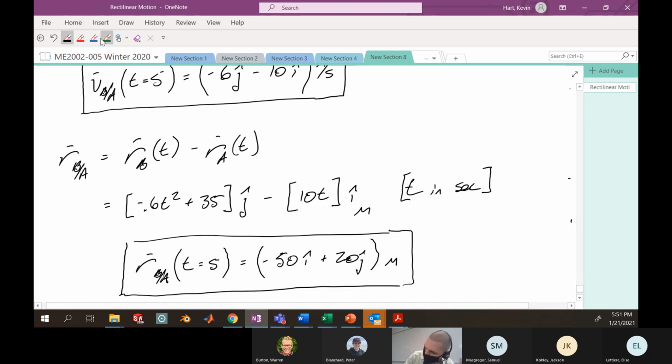Okay, so car B is 50 meters left of A and 20 meters down from A at 5 seconds. So this is how B appears in the coordinate system that's right on top of car A, moving with car A.